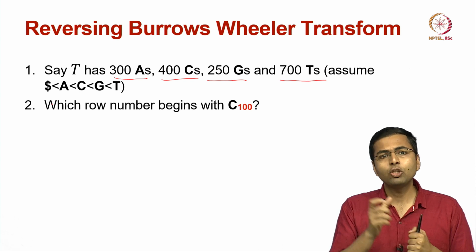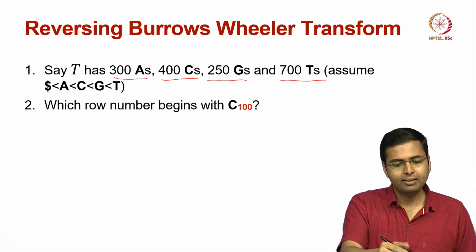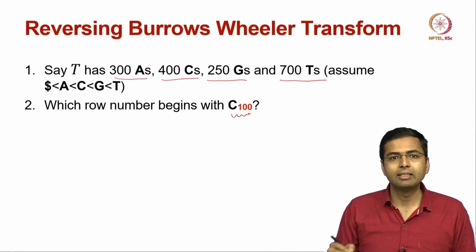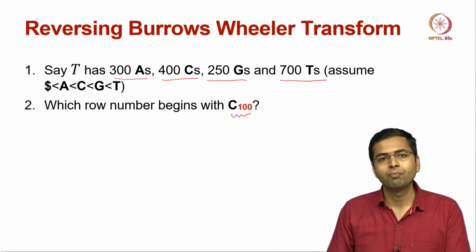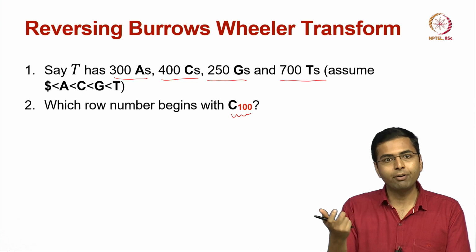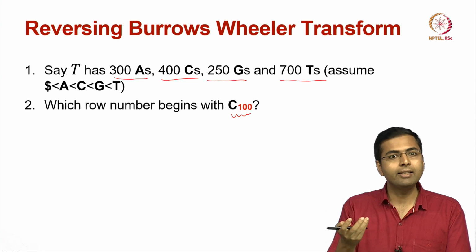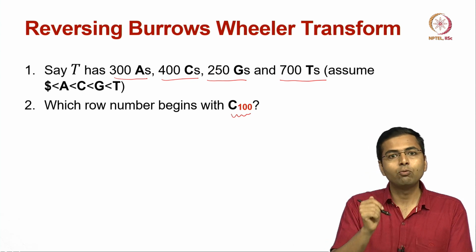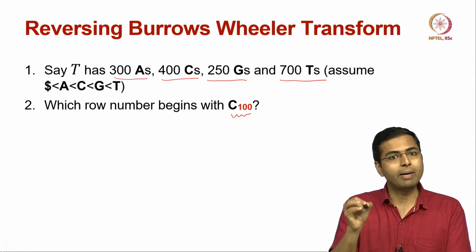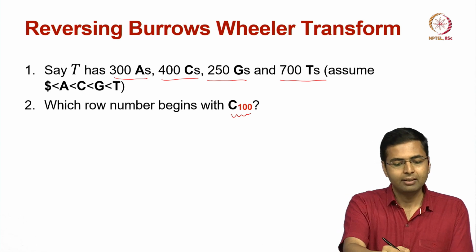What do you think, which row number begins with C100 symbol? So, try to think of all the lexicographical rotations, sorting them. What do you think, which row of this matrix will begin with symbol C100?